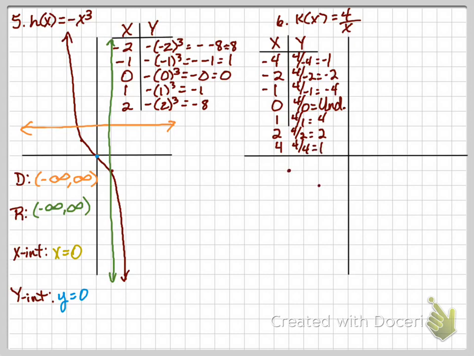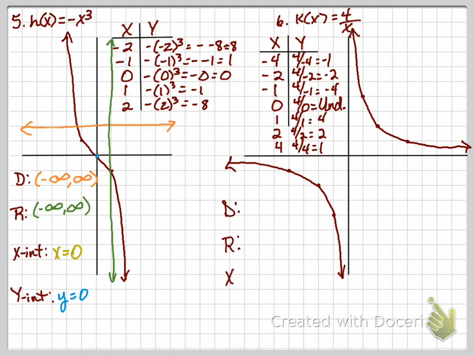Plot out my points here, draw my graphs, trace out my lines to connect my dots. There we go. Arrows on both ends to show that they continue to go on. We're looking for the domain, the range, the x and y intercepts.